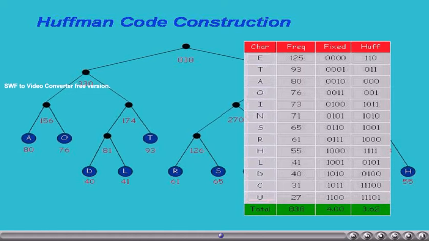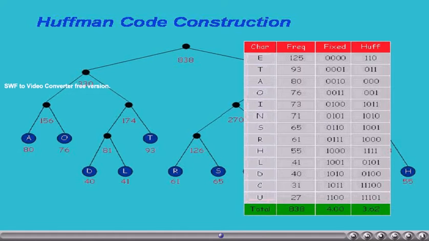Like this, the Huffman algorithm designs smaller length codes for those symbols which occur more frequently, whereas for those symbols which occur rarely or infrequently, the code length will be larger.